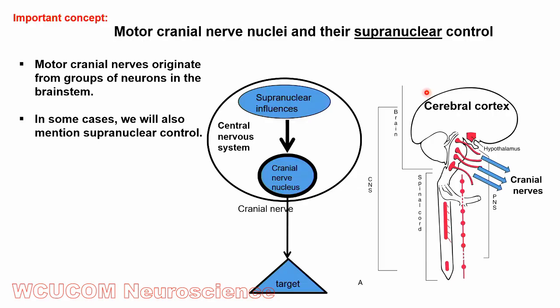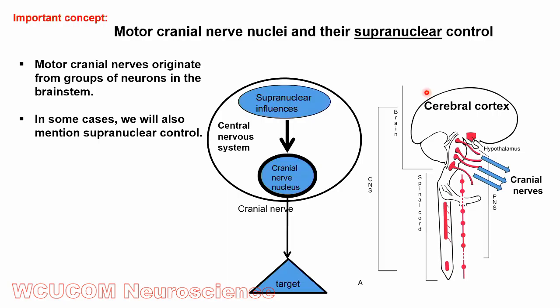So that descending input, output from the perspective of cortex, input from the perspective of those nuclei. Of course, part of the corticobulbar tract, right? You may want to think about that.